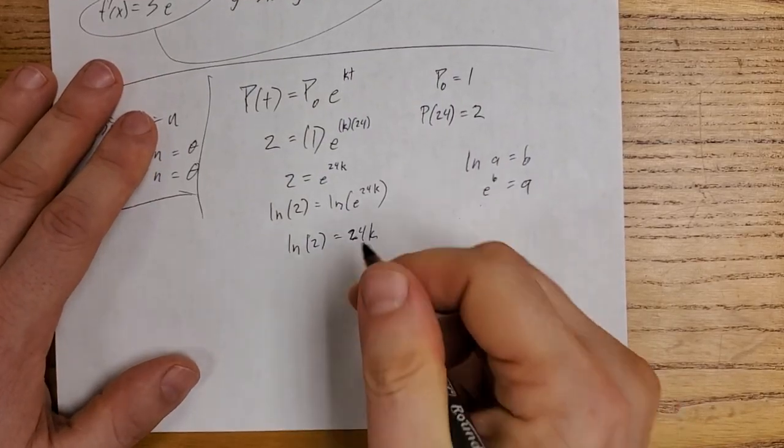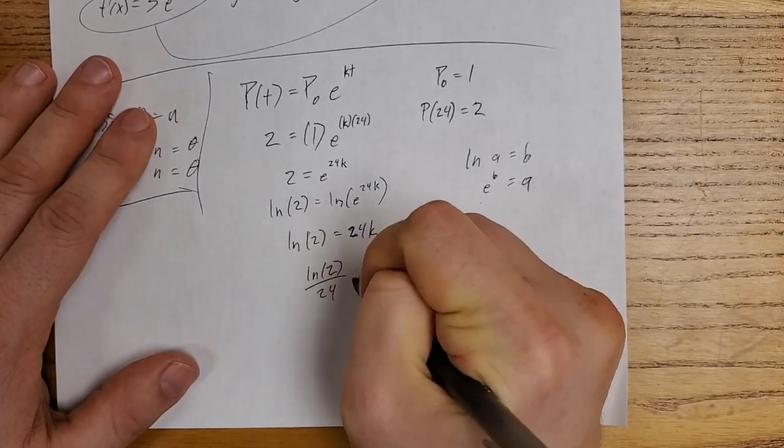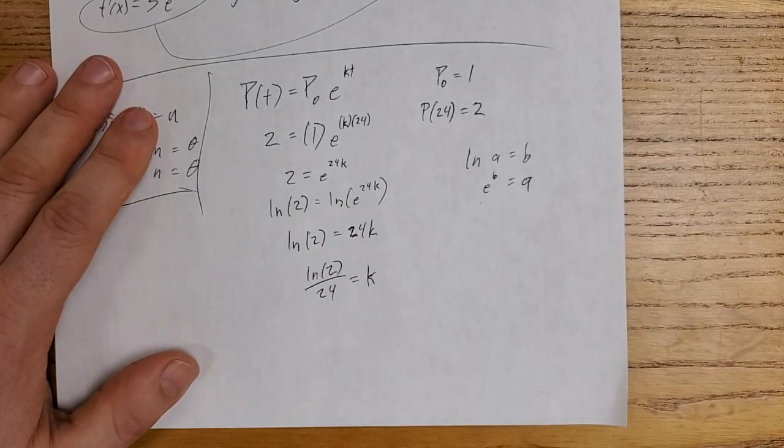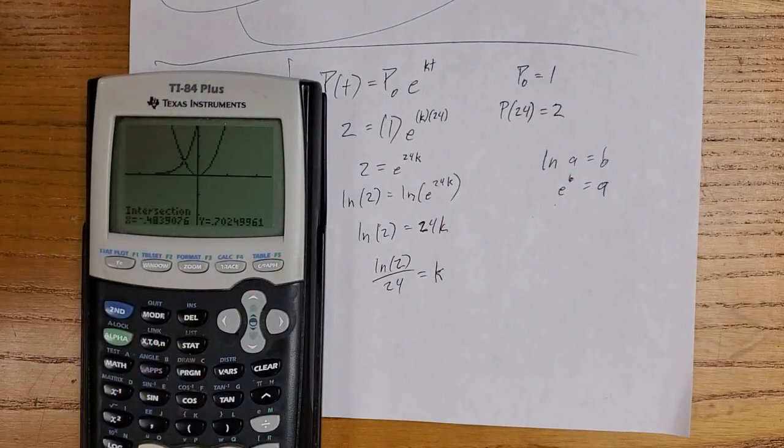But we're solving for k, so the natural log of 2 over 24 equals k, and that's where we bring in the calculator.